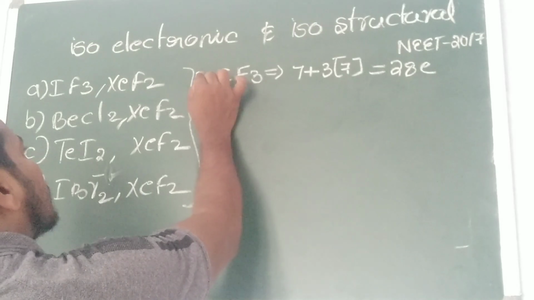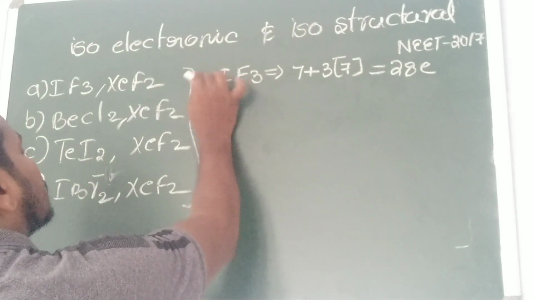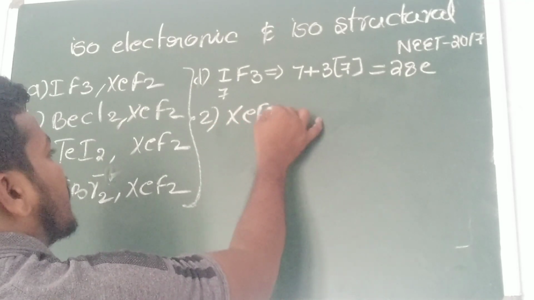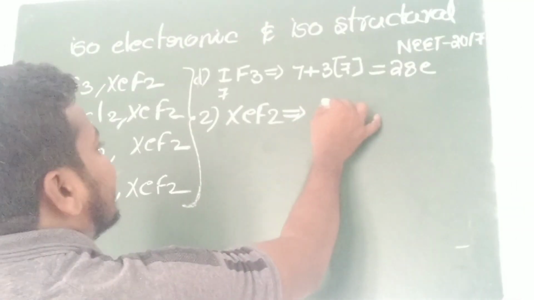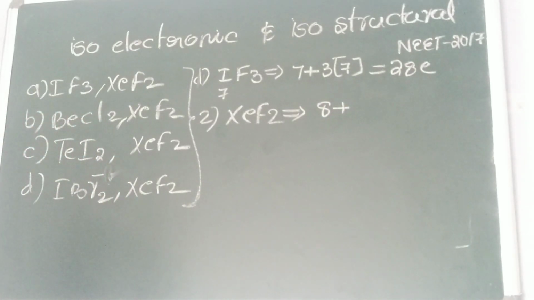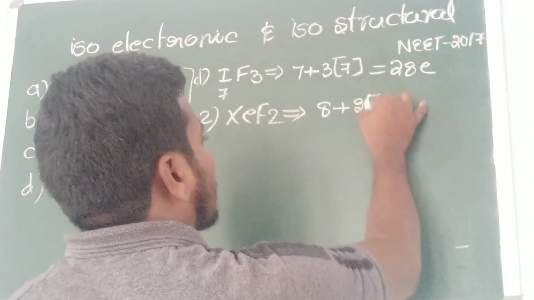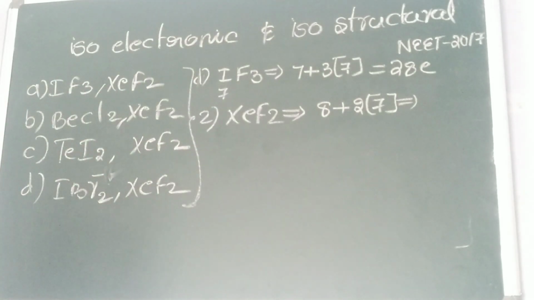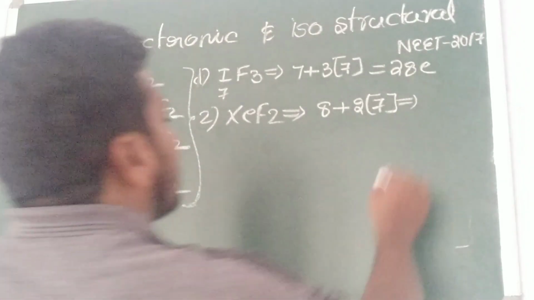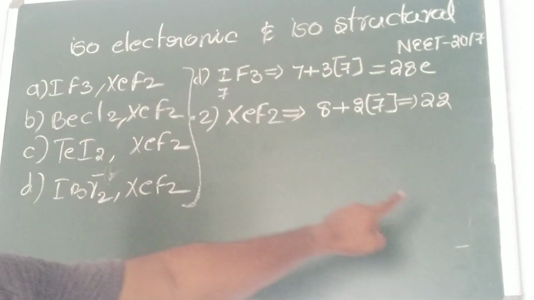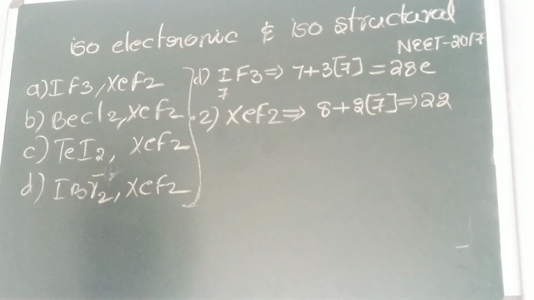Next, XeF2: xenon has 8 valence electrons, and fluorine has 7 valence electrons, but 2 atoms are present, so 2 into 7. XeF2 contains 22 electrons. So one has 22 and one has 28, so they are not isoelectronic.